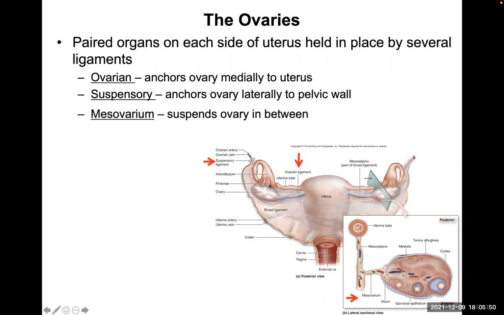The finger-like projections, the fimbriae, hover around or cup the ovary, so that when ovulation occurs, an event that takes place once a month post-pubescently in females, and the mature secondary oocyte erupts from the ovary, it erupts essentially into a space. It is then swept up by the fimbriae into the fallopian tubes. And it's in the fallopian tubes, if sperm are present, that fertilization takes place.